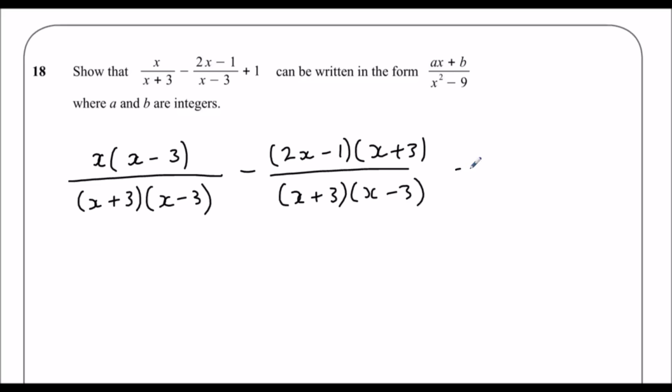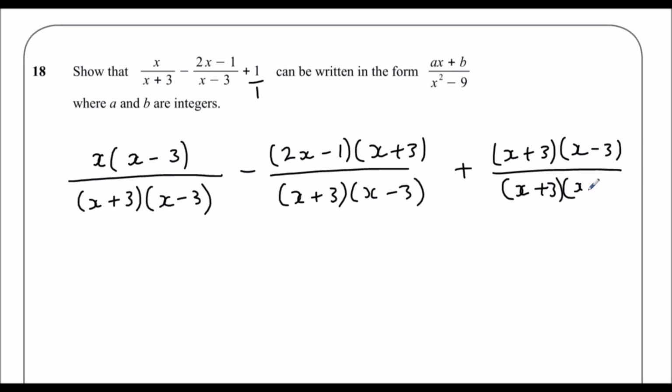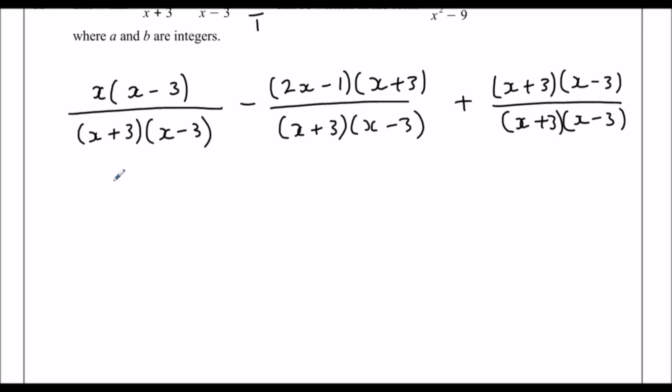And for the 1, you could think of it as 1 over 1 to start with. We're going to times the top and the bottom by x plus 3 times x minus 3. So it's x plus 3 times x minus 3 over x plus 3 times x minus 3. So now all the denominators are the same. We can make it into one fraction.